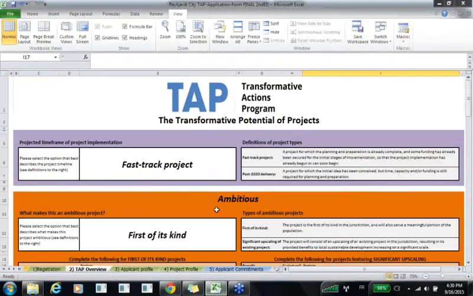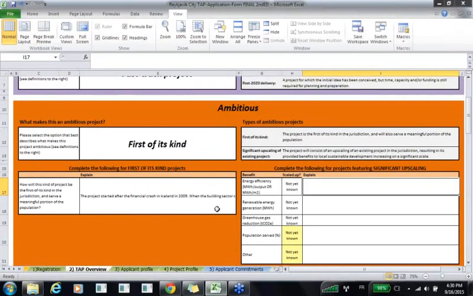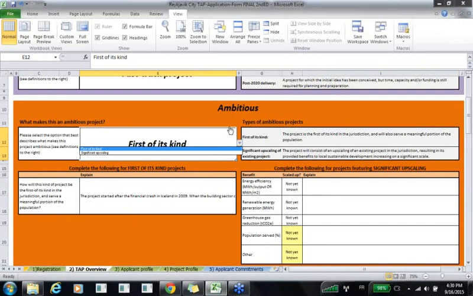So this is also reflected in the TAP Overview tab, where we ask what makes this an ambitious project. The applicant will choose whether it's a first of its kind or a significant upscaling.